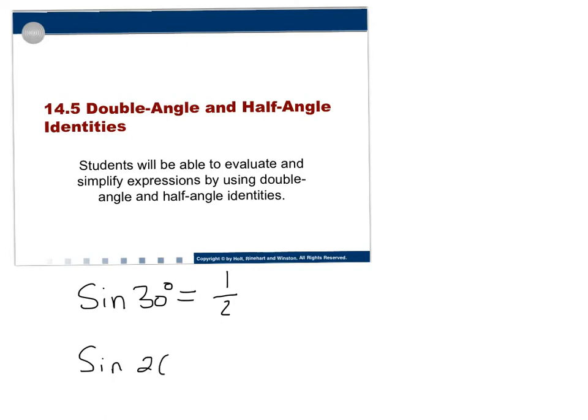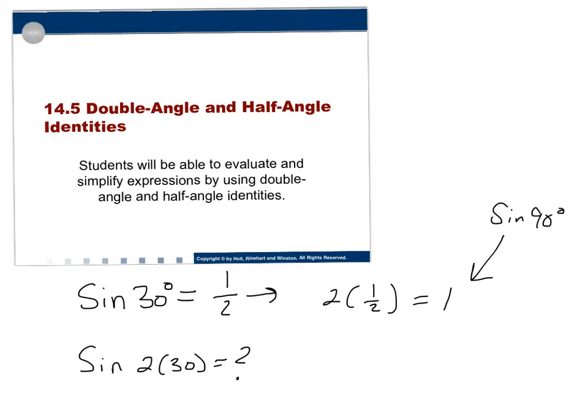Well, what happens if I double the 30 degrees? What do I equal? Well, you might think because the angle doubles, I should double my trig value. But we all know that that would be sine of 90 degrees.